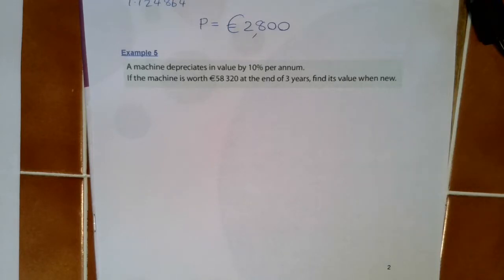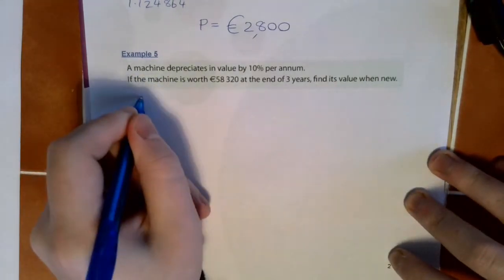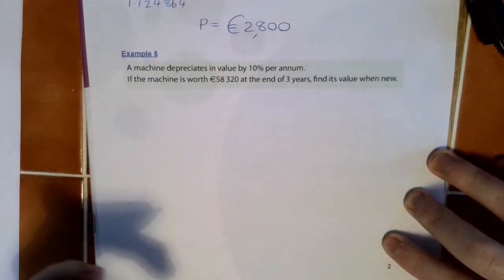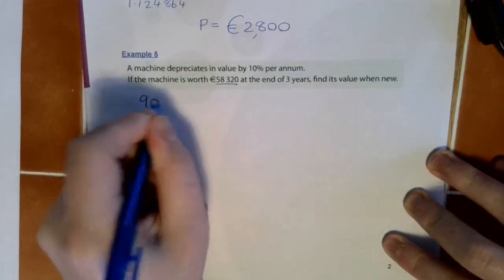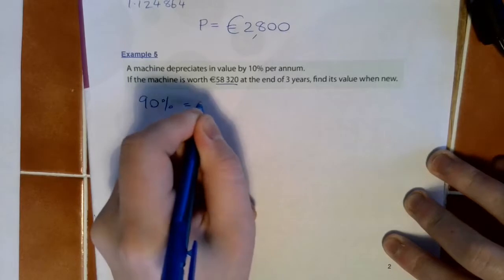Okay, the last one, a machine depreciates in value by 10% per year. If the machine is worth 58,320 at the end of 3 years, you have to find the value of it when it's new. So you do this in 3 separate steps. If it's losing 10% every year, that means this value here is going to be equal to 90%.